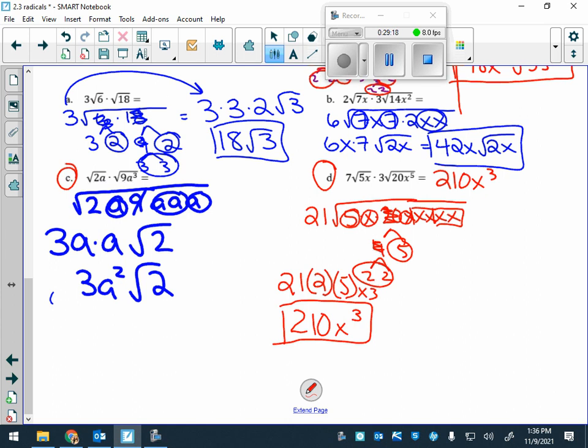So many different ways to get the same answer. Any questions on those? Yes, Liam? Why don't we do that same thing for 5? 5, there's only 1 and 5.